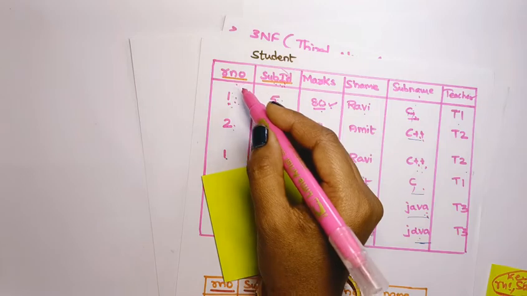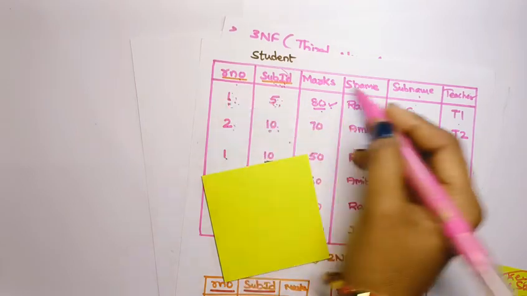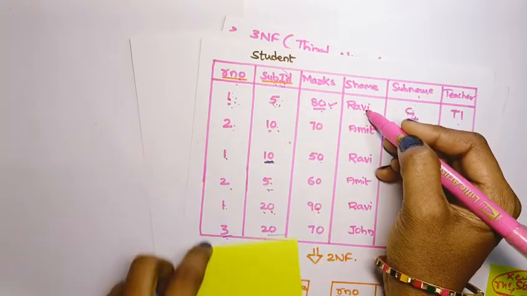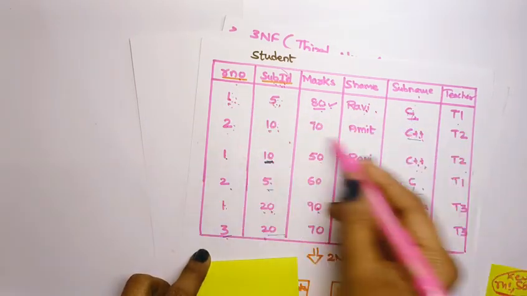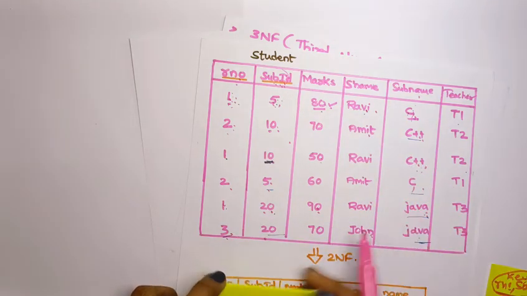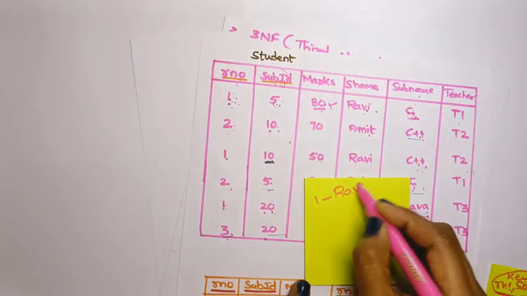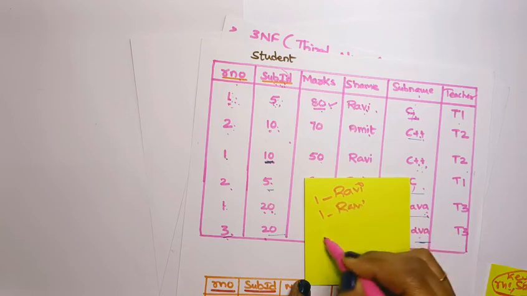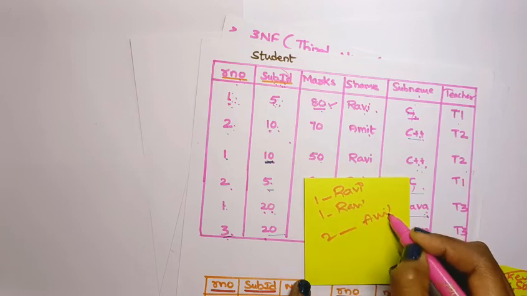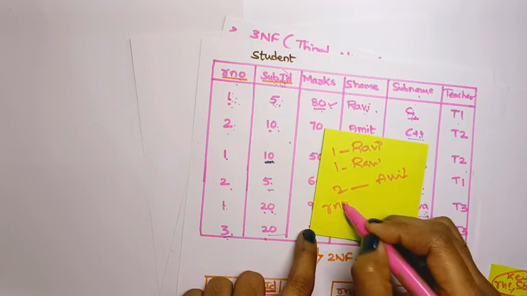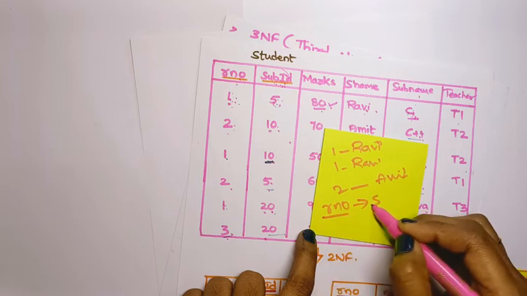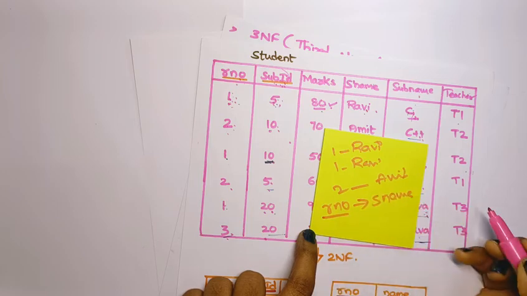If you observe here, by seeing the roll number, you can identify the student name. 1 means Ravi, 2 means Amit, 3 means John. Whenever 1 appears, it is showing Ravi only. Whenever 2 appears, it is showing Amit only. So with roll number alone, you can identify the student name.